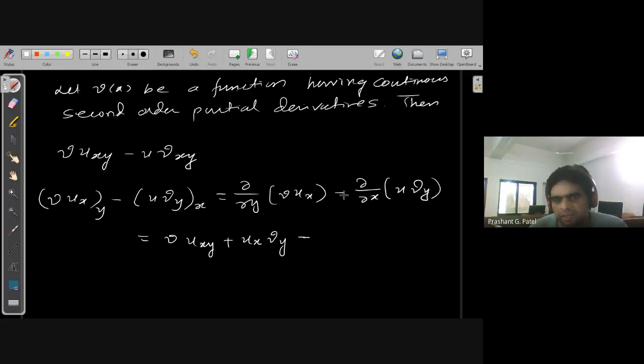Then here it is minus. Same thing here: derivative of this whole function with respect to x gives u v_yx minus... u_x v_y. You just observe that u_x v_y is cancelled out. So we are left with v u_xy minus u v_yx, which is exactly the same function which we have here.